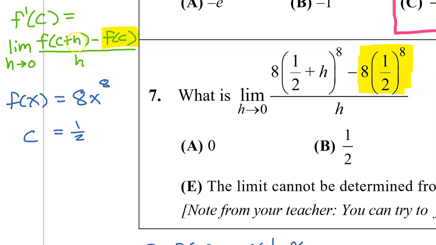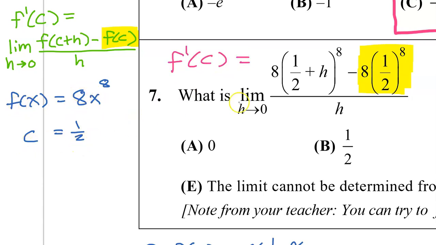The first term in the numerator should be f at c plus h. And then sure enough, we see this 8 and then something to the 8th power. So that is function f. And inside we have 1/2 plus h. That is c plus h, if c is 1/2 as we guessed. So everything matches up, which means that this whole limit really means f prime at c, where f is this and c is this.